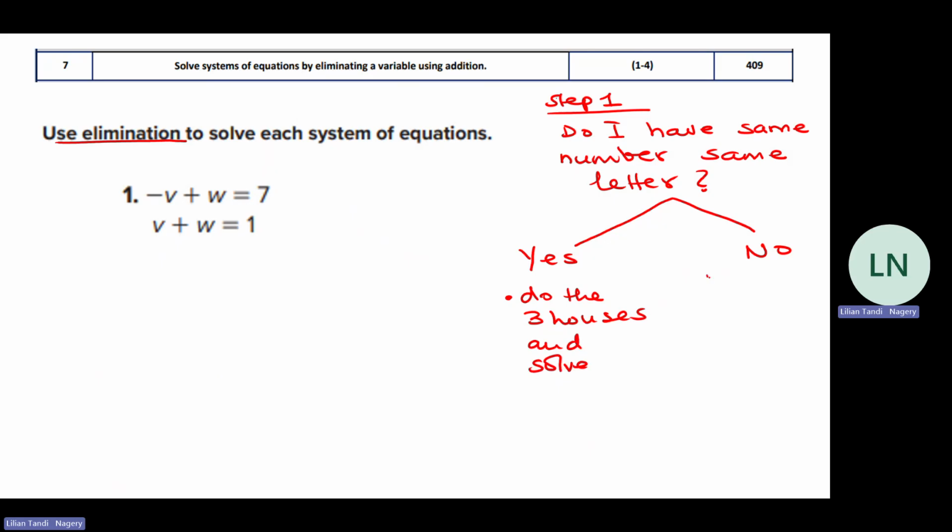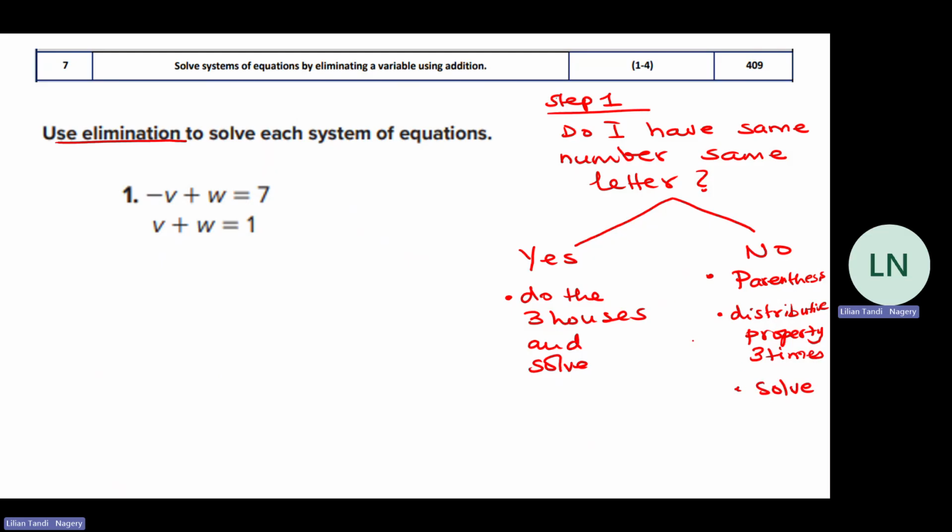If you say no, you do parentheses, you do distributive property 3 times, and then you solve.